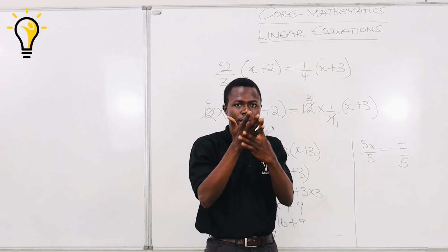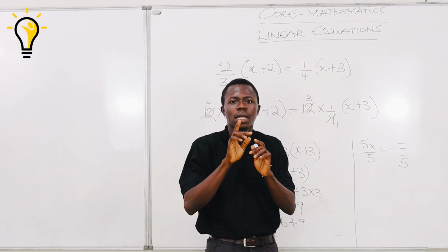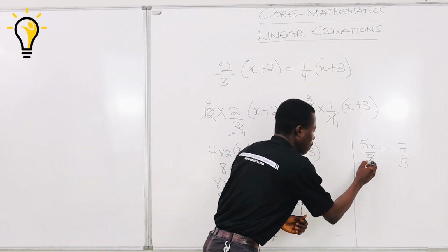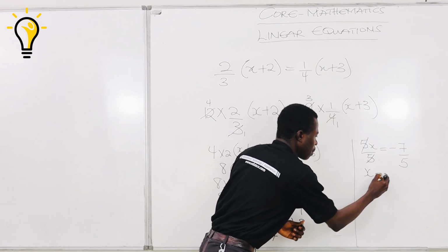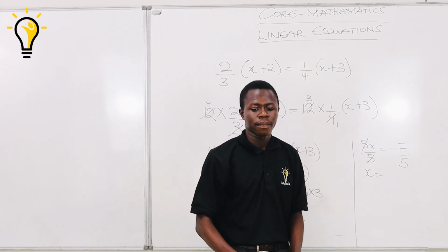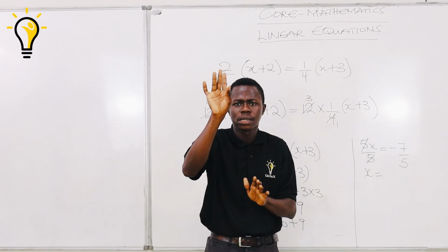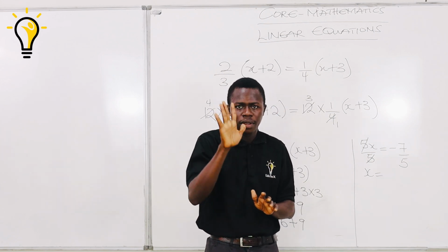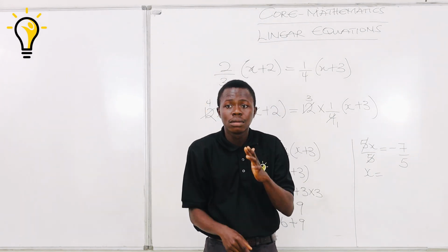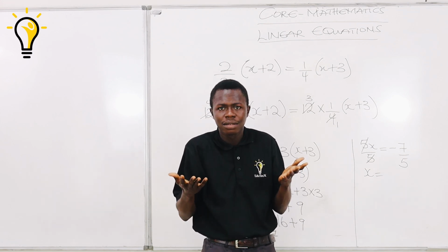5 divided by 5, and the answer will be x. Negative 7 divided by 5, and what would the answer be?